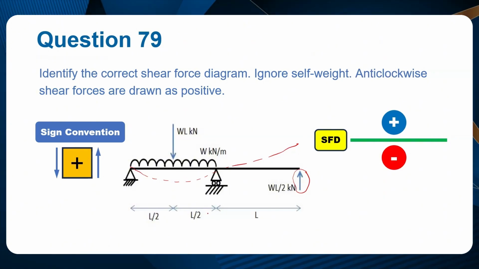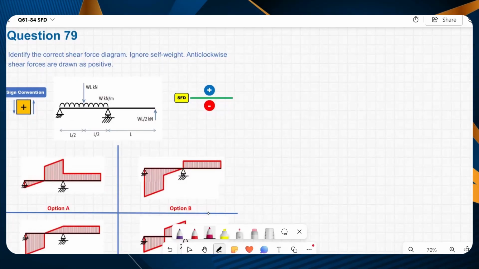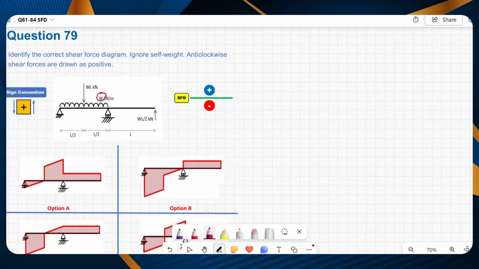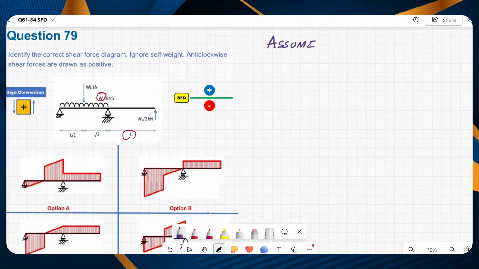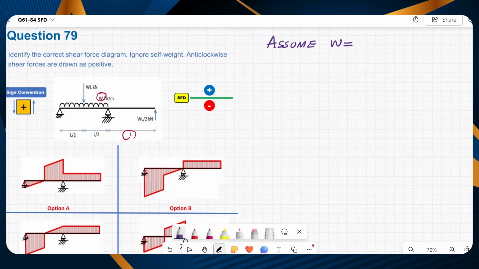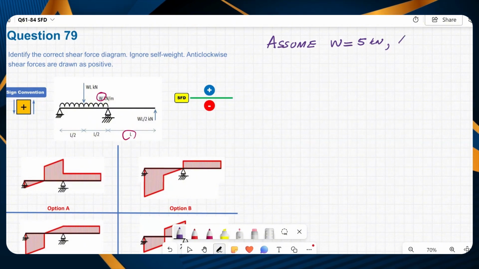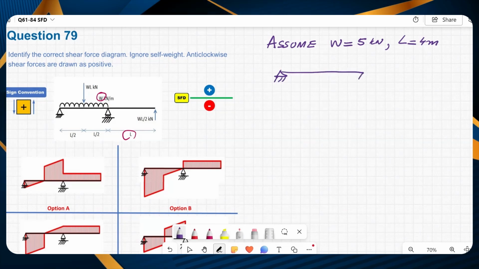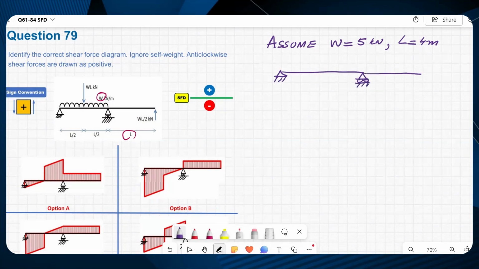Let's do some simple calculations. Let us first of all assume a value of W and a value of L. Assume W to be 5 kilonewton and assume L to be 4 meters. When I have these values, I can substitute them and apply equilibrium equations.